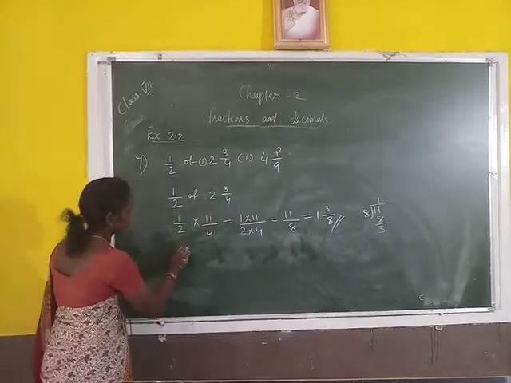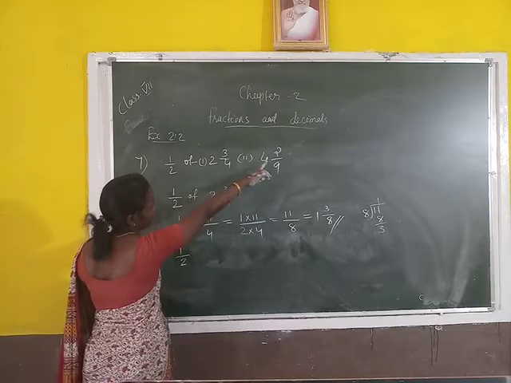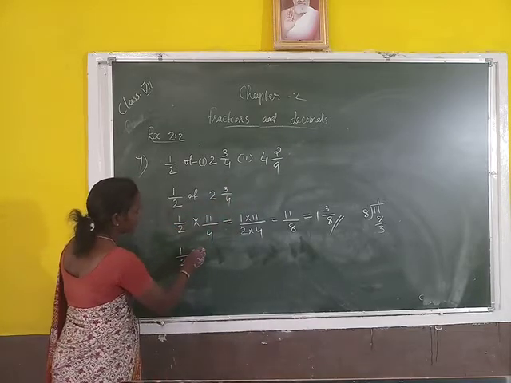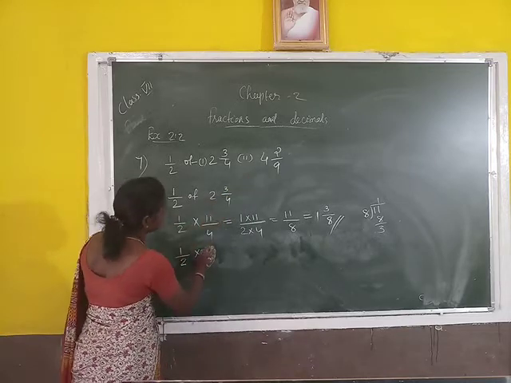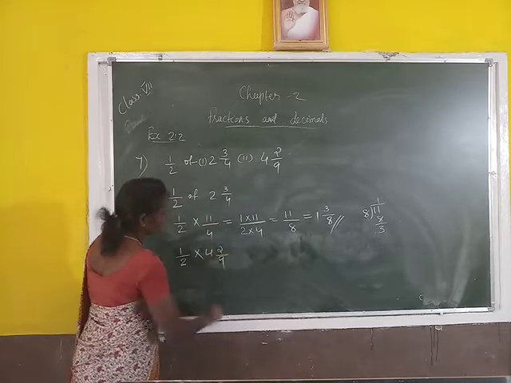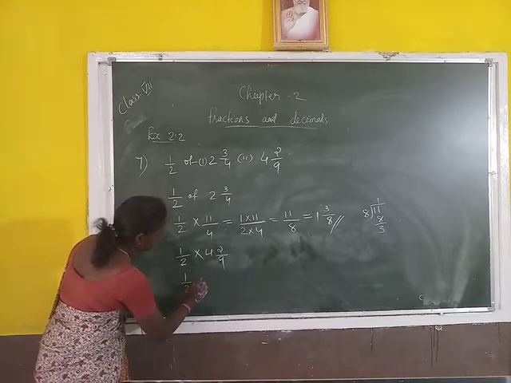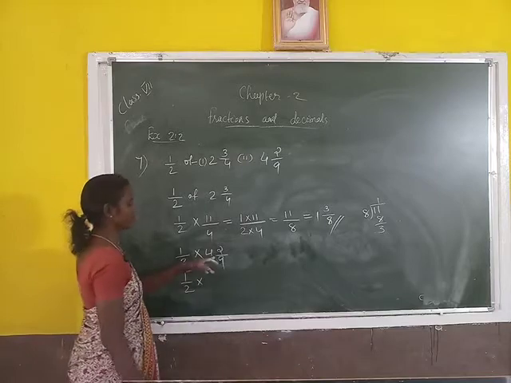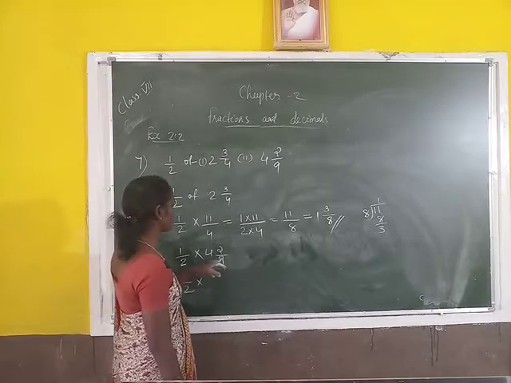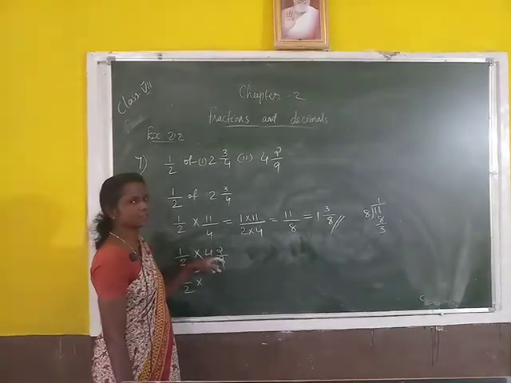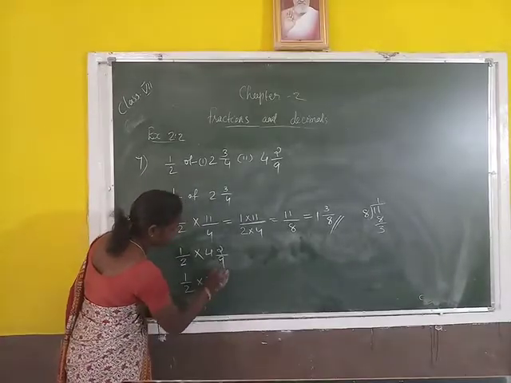The next, half of which number? Half of 4 2 by 9. So of means we can write half multiply which number? 4 2 by 9. So half multiply, what is its improper fraction? This mixed fraction convert into improper fraction. 4 9s are 36, 36 plus 2 is 38 by which number? 9.